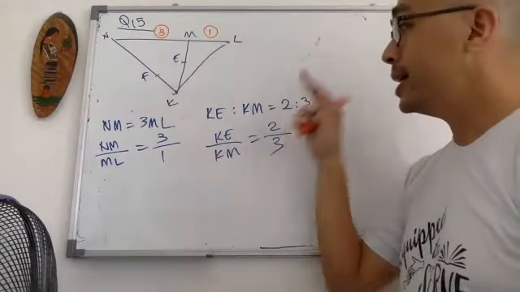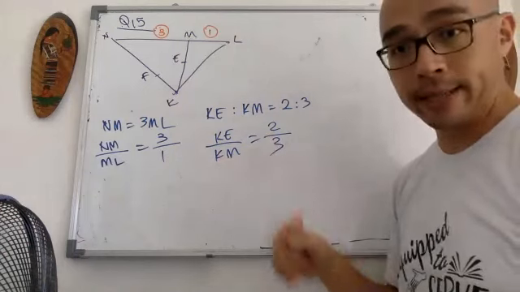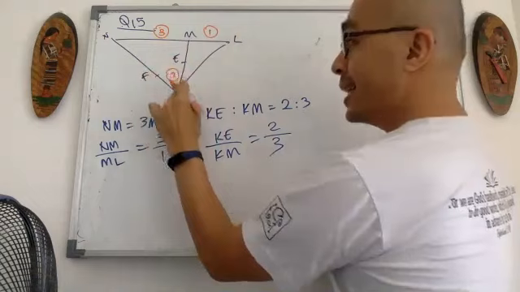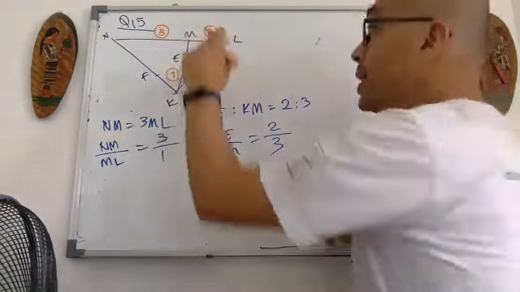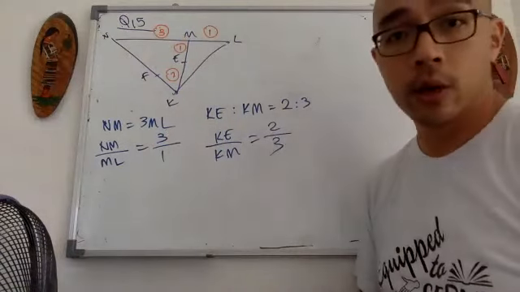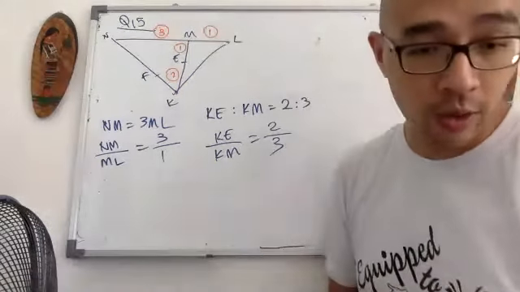We find that KE is 2 parts, but KM is 3 parts. Which means KE is 2 parts, K to M is 3 parts. Therefore, E to M is 1 part.